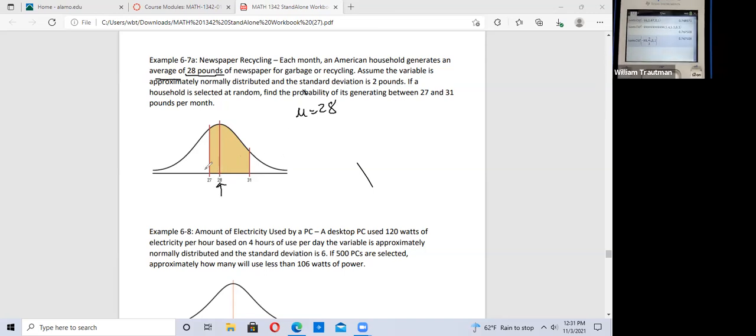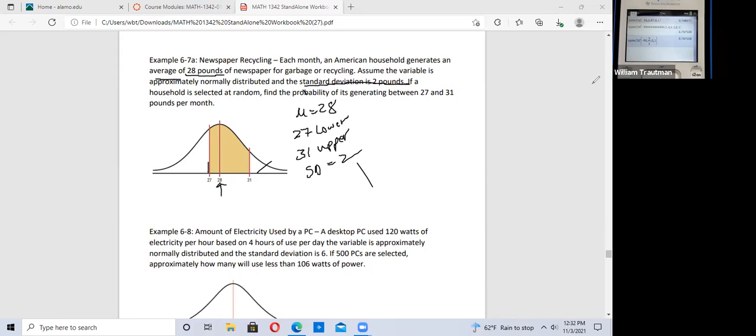And we want to go between 27 and 31. 27 is the lower and 31 is the upper. The only thing I don't know is the standard deviation. Standard deviation equals 2. So I'm going to use that for my calculator: 27 is the lower, 31 is the upper, and standard deviation equals 2.